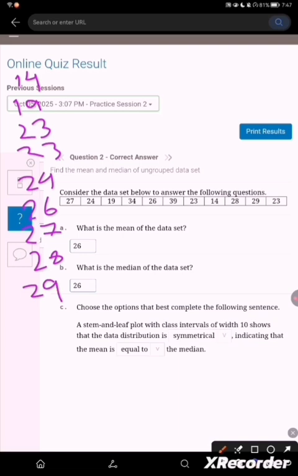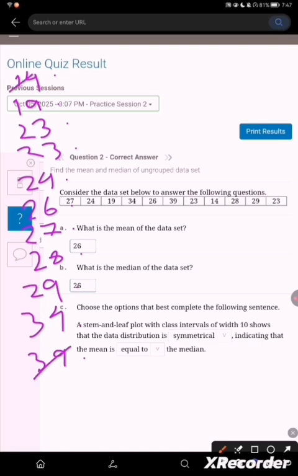Then finally you have 34 and 39. Okay, here we go. Now just to confirm, I'm going to recount my numbers in case I missed anything. So 1, 2, 3, 4, 5, 6, 7, 8, 9, 10, 11. Okay, we're all good.